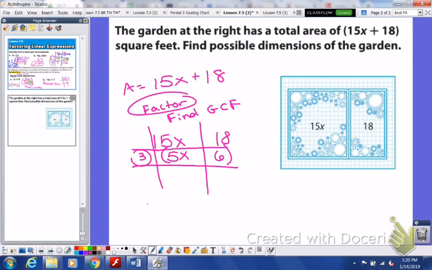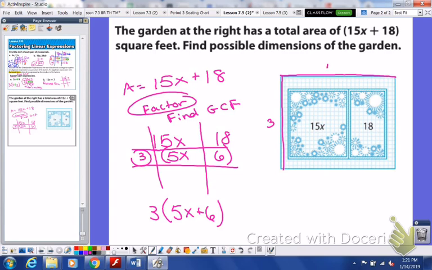Possible dimensions of the garden: one dimension would be 3, the other dimension would be 5x plus 6. So 3 by 5x plus 6. You can write it over here: this side is 3, and this side is 5x plus 6. All right, there's your last lesson.